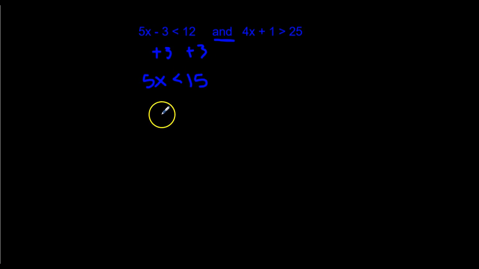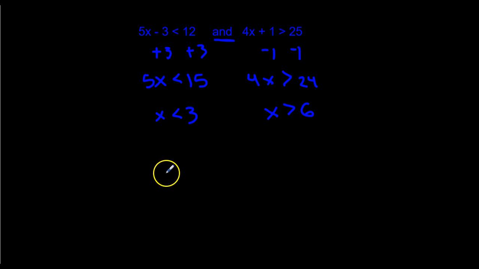I'll divide both sides by 5, and I get x has to be less than 3. All right, sounds good. I'll solve this one now. So I get 4x has to be greater than 24. I'll divide both sides by 4, and I get x has to be greater than 6. All right.